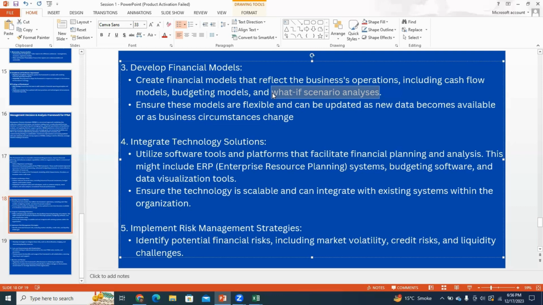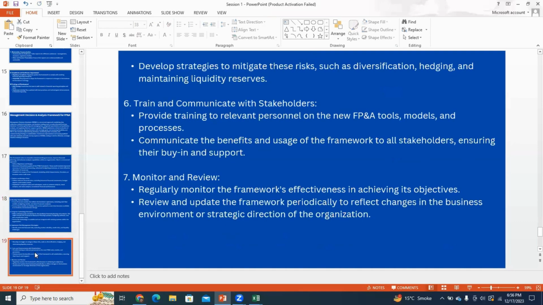Next, we should develop strategies to mitigate this risk. We should see how we can lower the risk. Risk cannot be zero. It can come to a minimum level, but it would not be zero. There are hedging techniques available in IFRS 9, and ways to maintain liquidity reserves.